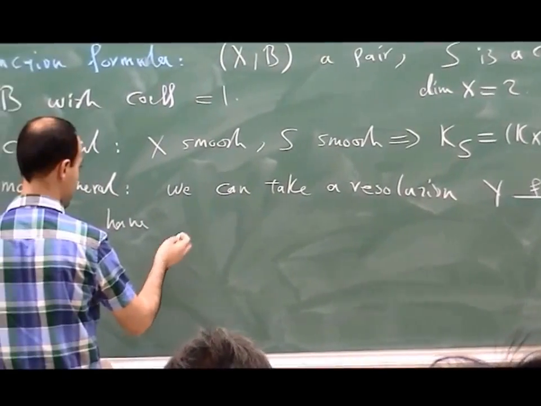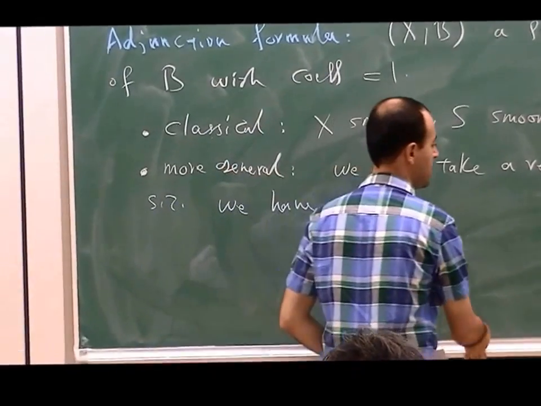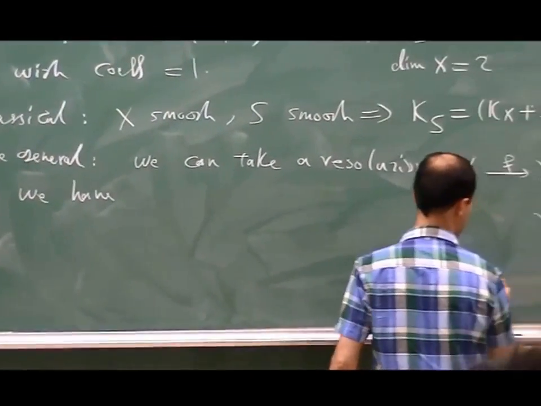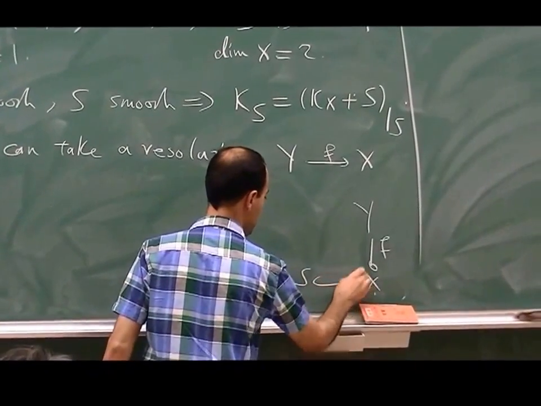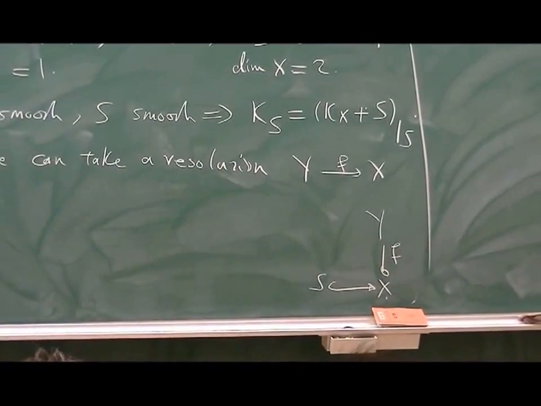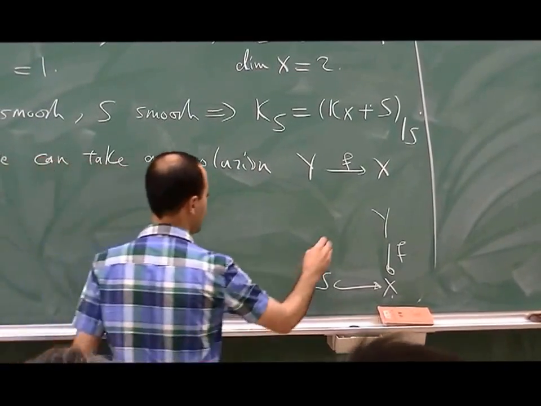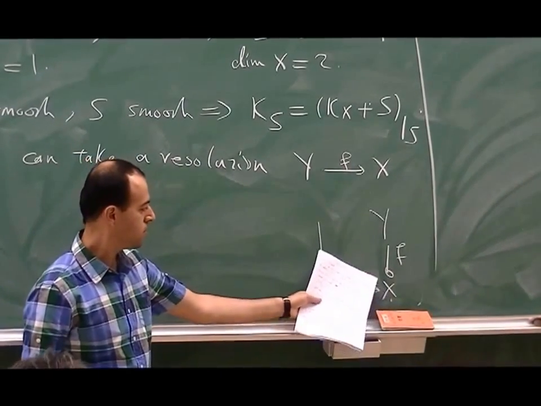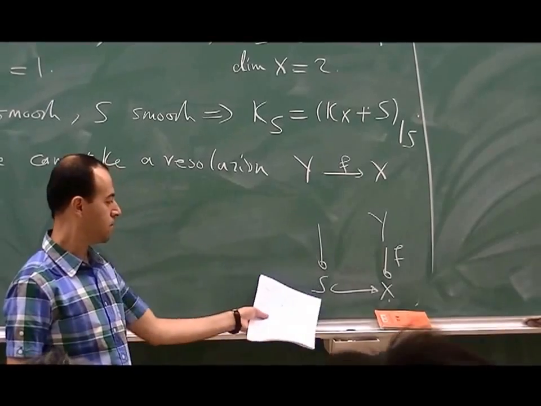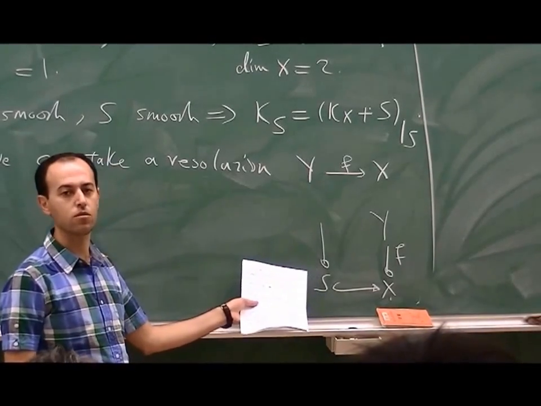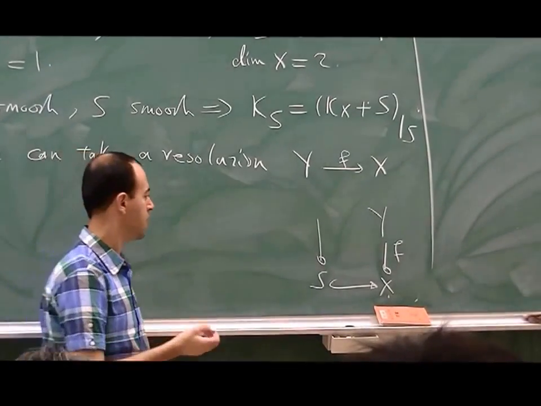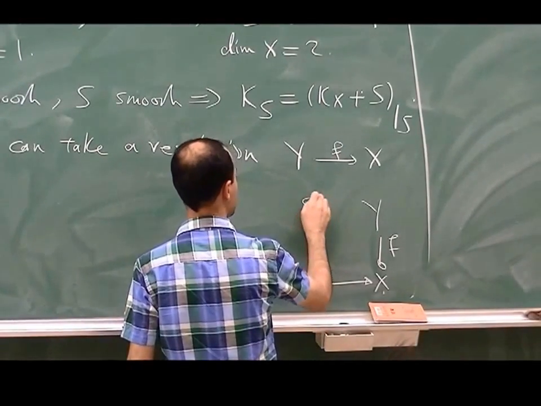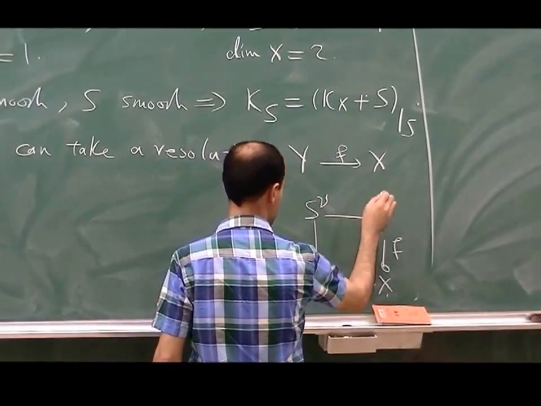We have the following. So we have a diagram, we have Y to X, f, S is a curve inside X, and then I can not only resolve the singularities of X, I can at the same time resolve the singularities of S also. So this is just like blowing up things. And resolving singularities of S just gives you its normalization.